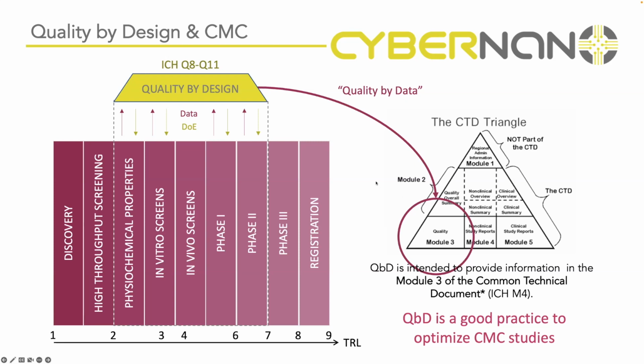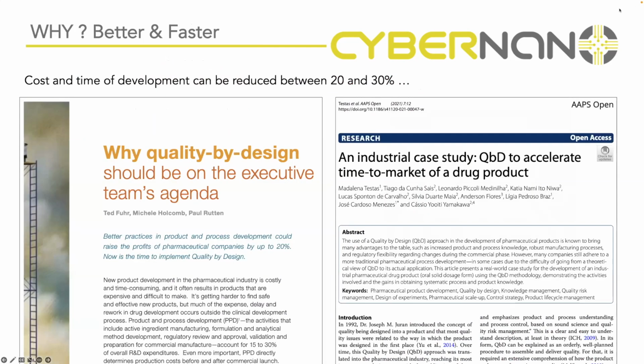Another aspect of QbD: often we also talk about quality by data, because statistics are really omnipresent in the quality by design process. That was to sum up quality by design. Now, what could be the benefits of QbD approximately 15 years after the publication of the ICH-Q8?